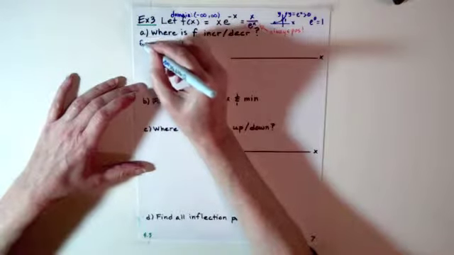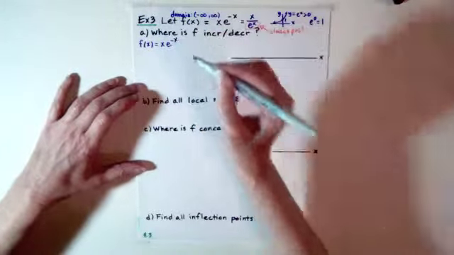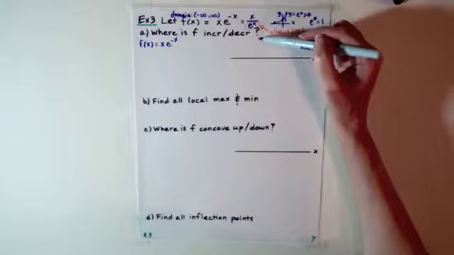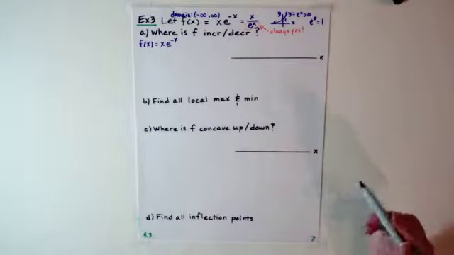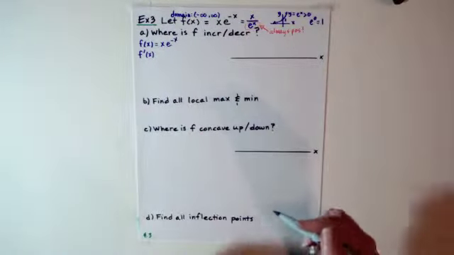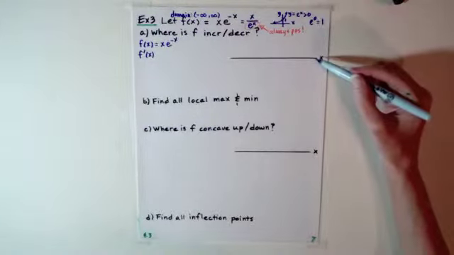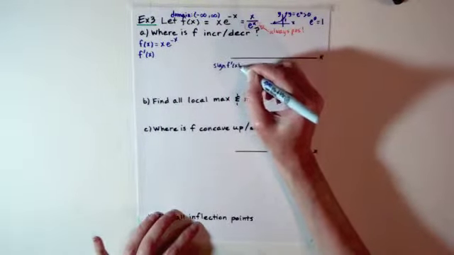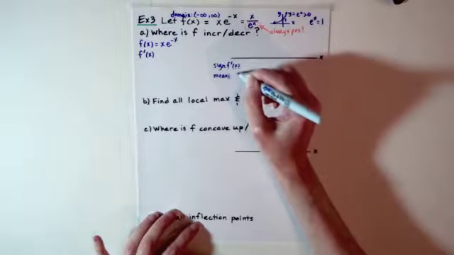Okay, so my f of x is equal to x e to the minus x, and what I would like you to do now is to go ahead and try to decide where f is increasing and where it is decreasing, in other words the x intervals where it's going up and where it's going down, by using this process that we talked about, which begins with finding the derivative, then finding the critical numbers, places where that derivative could be changing sign, throwing those on a number line, and checking the sign of f prime of x to the right and the left of each of the critical numbers that you find, and deciding what that means about the graph of f.